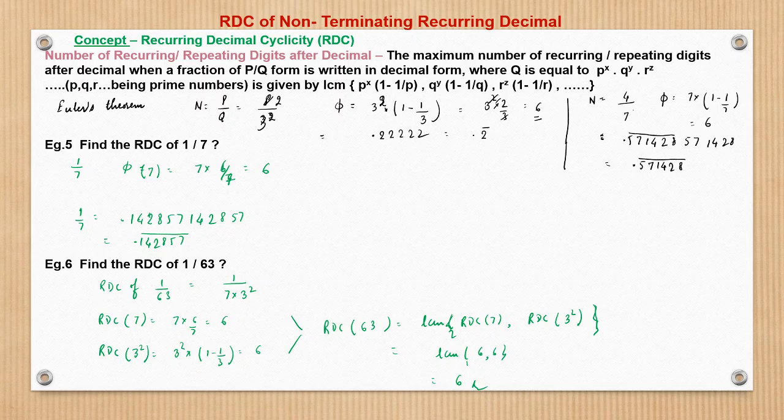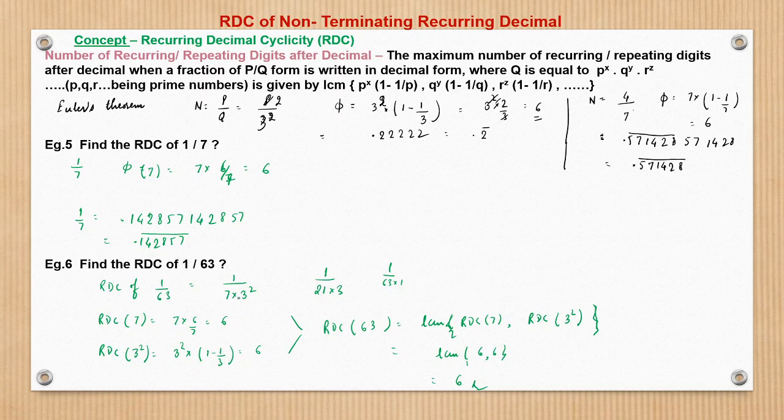Now a few points to note here. We have broken 63 into 7 into 3 square. We have not broken this into 21 into 3, or 63 into 1. Why is it so? Because our idea is to obtain a product of two co-prime numbers. This we will again see in remainders also.